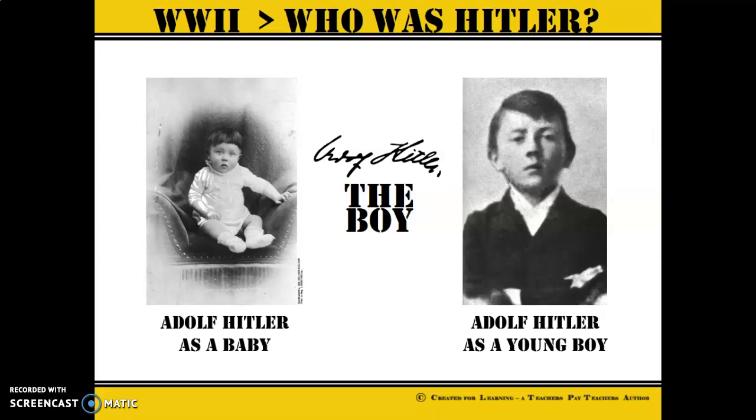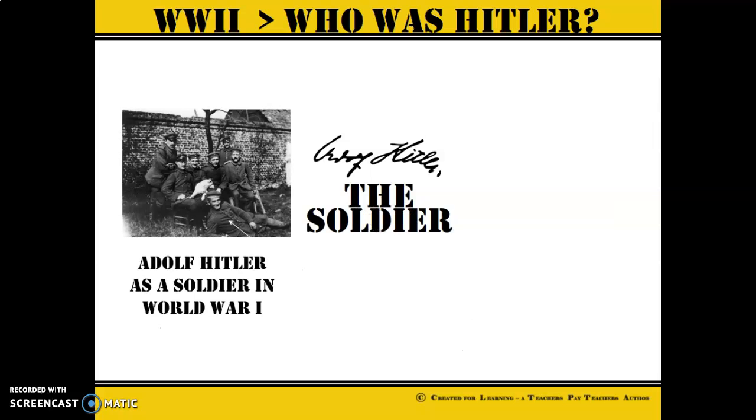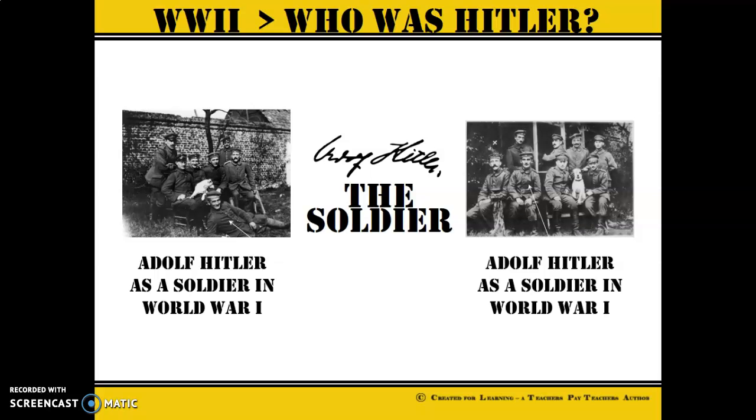Some pictures, what he looked like as a baby, as a young boy. And then Hitler as a soldier in World War I. He actually, it's a true story, his mustache didn't used to be what we know, that little mustache above his lip. It used to be a lot longer.